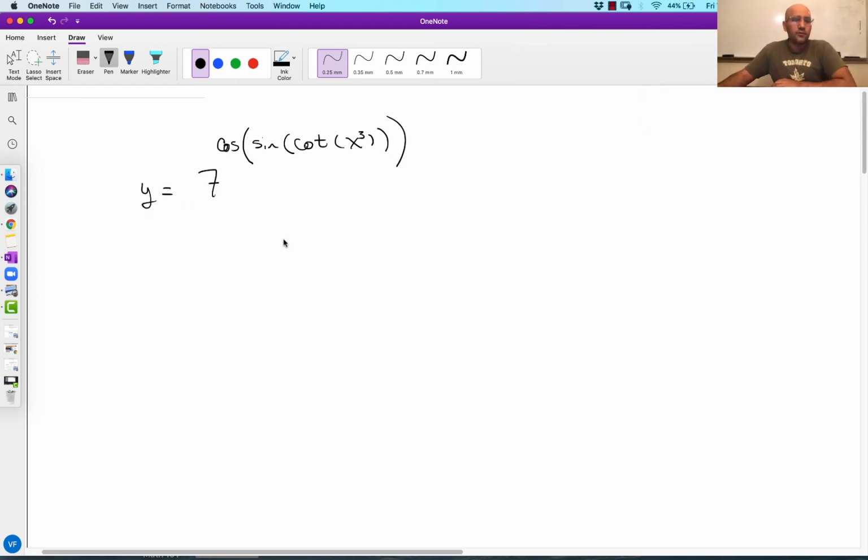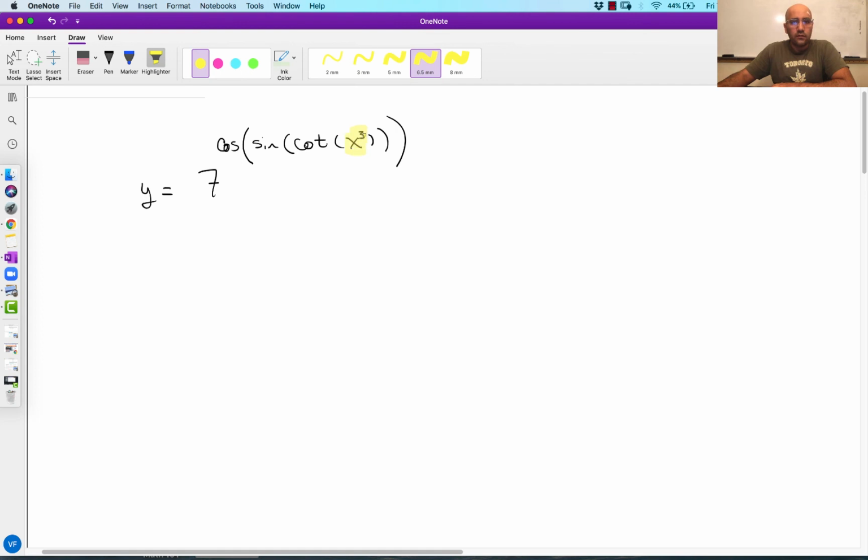Okay, so let's say this was the function given: 7 to the power of cosine of sine of cotangent of x cubed. Note that we have several functions embedded inside each other.